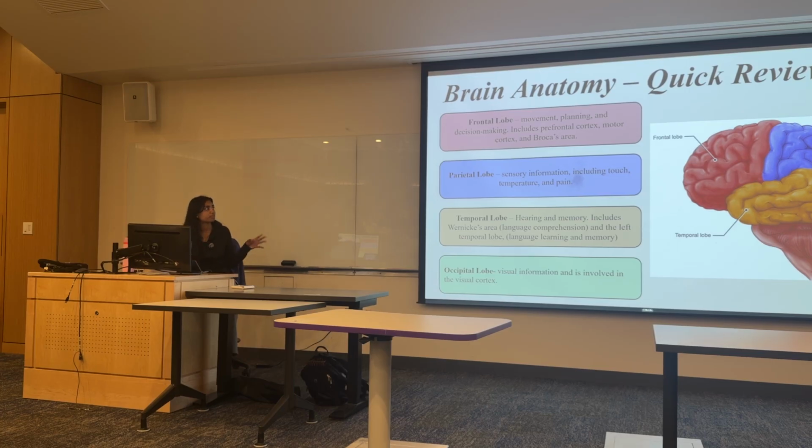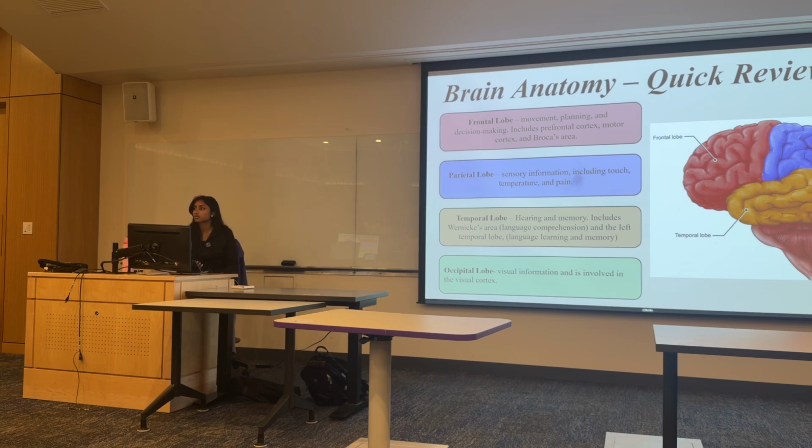This is where you have your prefrontal cortex, your motor cortex, and Broca's area, which is mainly responsible for language processing and speech development. Then you have your parietal lobe, right behind it, which processes sensory information, including touch, temperature, and pain. It also manages proprioception, your perception of yourself in the world and your surroundings.